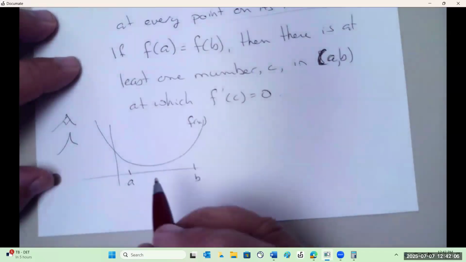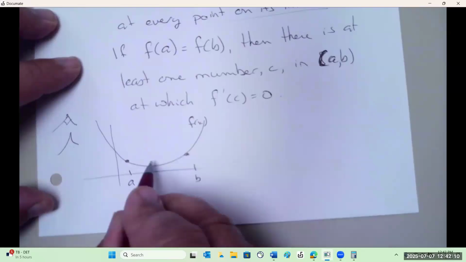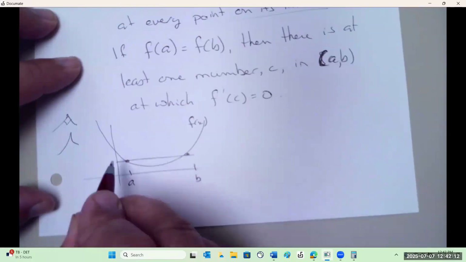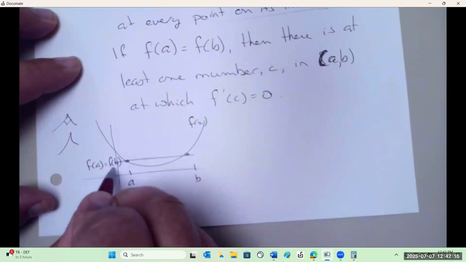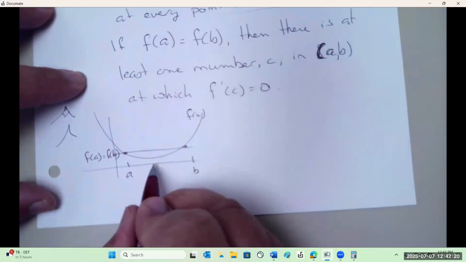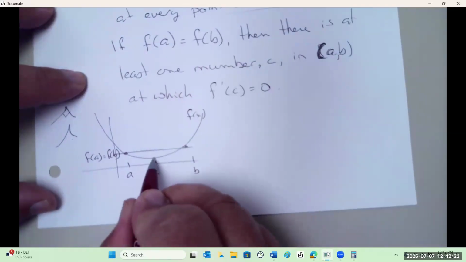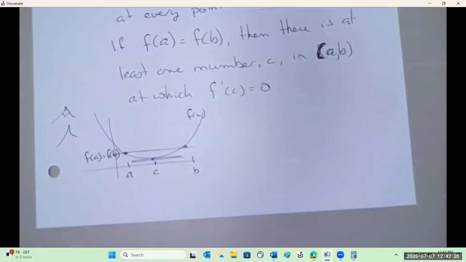Whenever you read a theorem, you have to look at what conditions it's talking about. If f of A equals f of B, so here I have f of A, and here I have f of B, then there's at least one number C inside here where the first derivative equals 0.